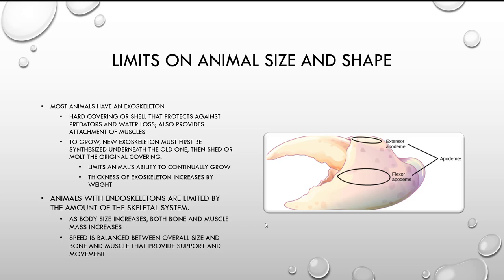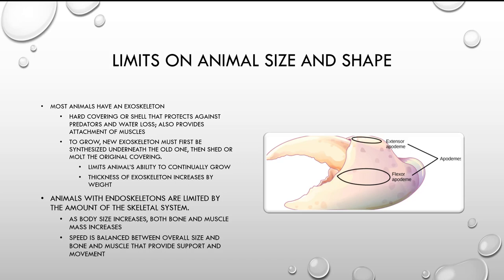Okay, so let's talk about the limits to the shape of the body and the size. Speaking of snails, we know that a lot of our animals have exoskeletons. So what is an exoskeleton? That would be a hard covering or shell that protects against predators and water loss. And it also provides attachment for muscles.